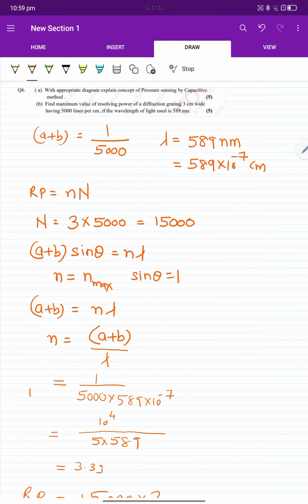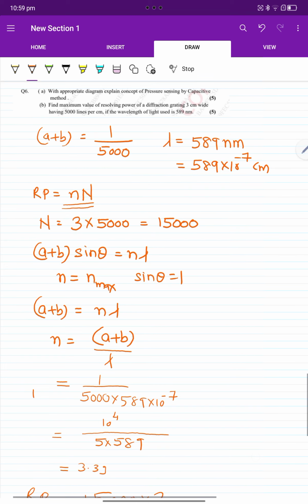where we need to find the resolving power again. There is a grating 3 centimeter wide having 5000 lines per centimeter. We again know the formula for resolving power as maximum order multiplied by total number of lines. Total number of lines comes out to be 15,000.